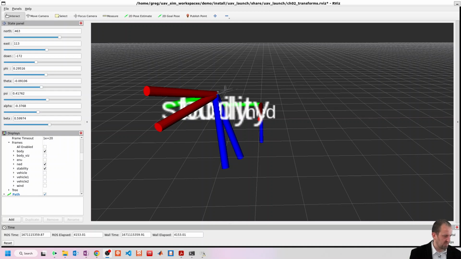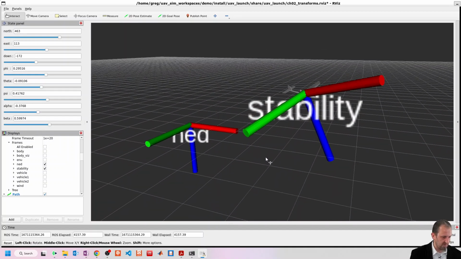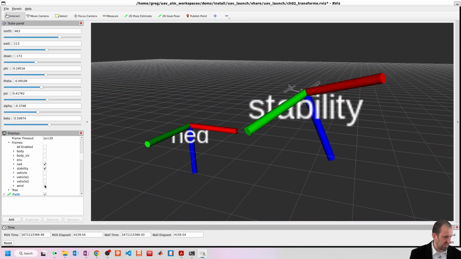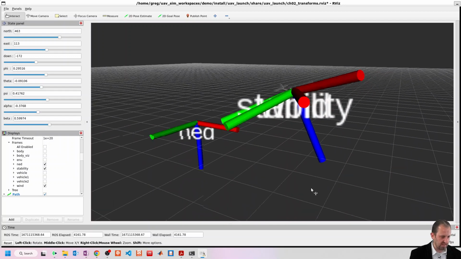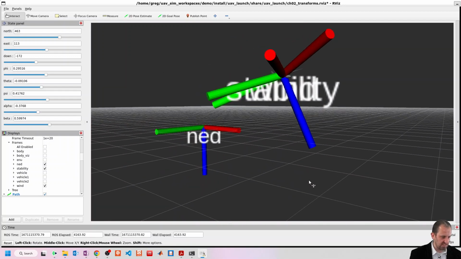Now, if we go back to our visualization, let's take off the body frame. So we have the stability frame right here. And just to visualize it, now we have the wind frame. Again, we share the same z-axis.